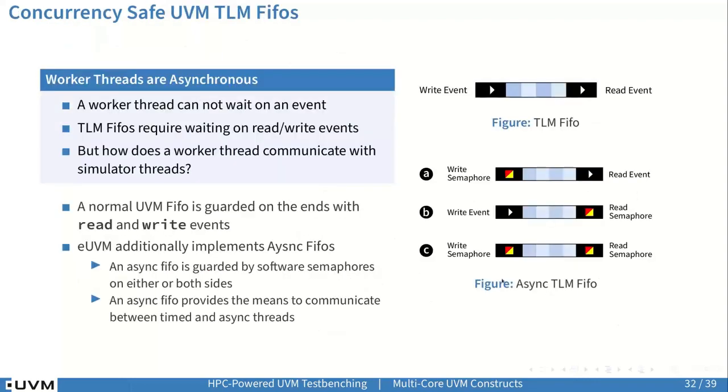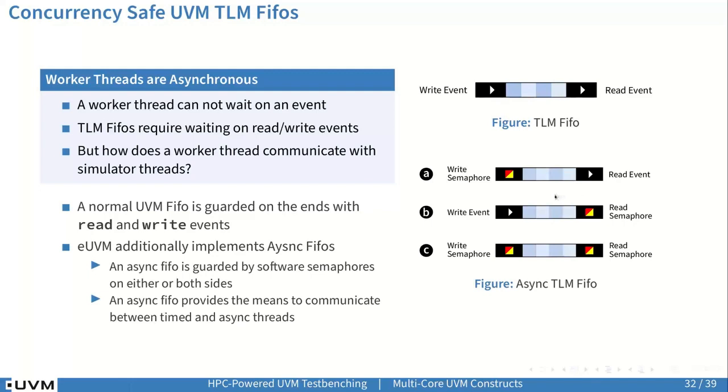So for communicating between normal tasks which have related events and the asynchronous threads. In SystemVerilog, for example, when we talk about TLM FIFO, both ends are controlled by timed events.